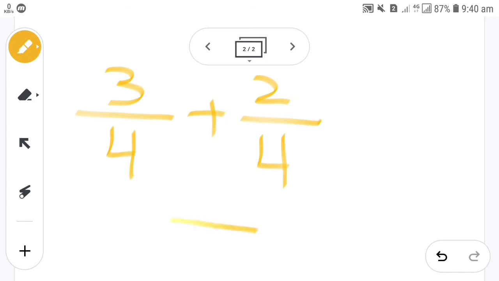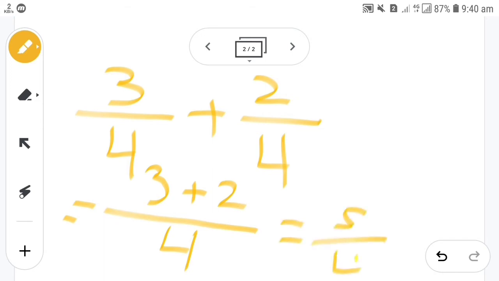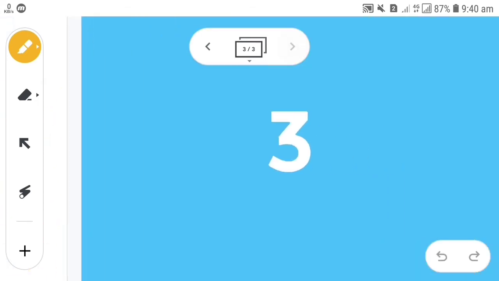For like fractions, we take a new line and we take denominator once. Now write the numerator of both fractions as it is. Now add these. 3 plus 2 is equal to 5 by 4. This is answer.